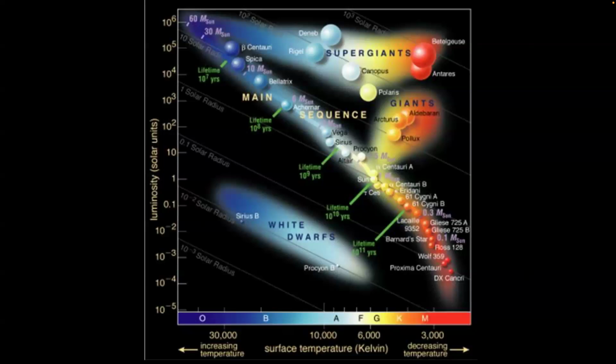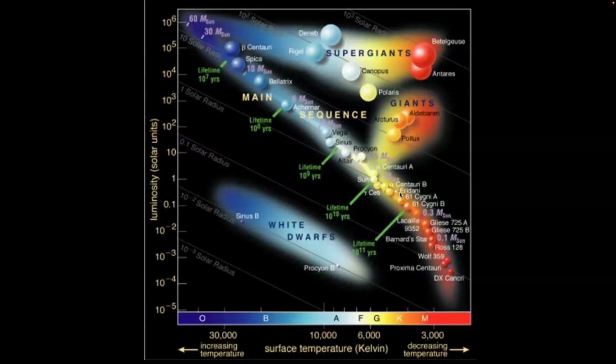So I mentioned the main sequence, and that is this kind of nearly diagonal line that crosses from the top left to the bottom right. So most stars exist somewhere on this diagonal. Where a star falls, though, on this diagonal depends on its mass.